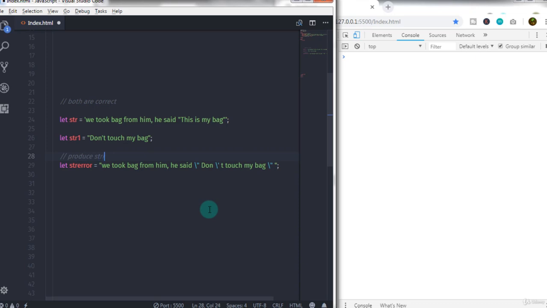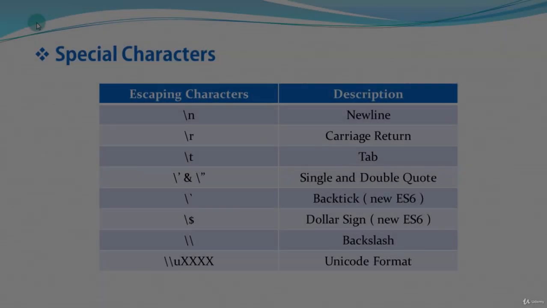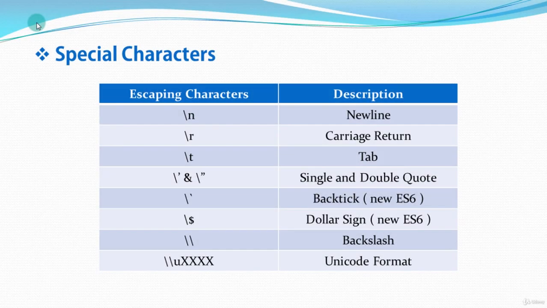The backslash is not only used for quotation marks, but it can also be used for non-printable characters. Following are the string literals commonly used for special characters. Backslash n is used to display text on a new line, backslash r is used for carriage return, backslash t for tab, backslash single quote is for a single quote, backslash double quote is for double quotes, and backslash backtick is used for a backtick.